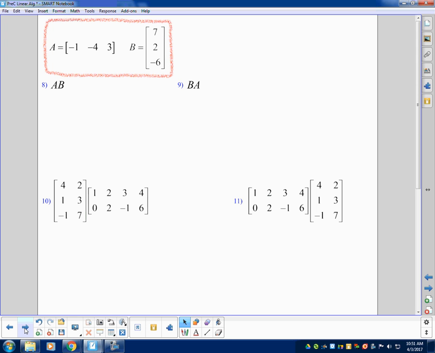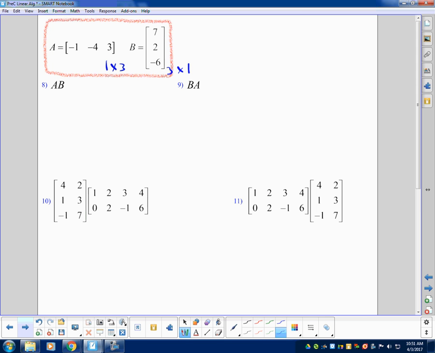All right. Given that A equals, by the way, what's the dimension? What's the order of this one, or dimensions of this? How many rows? How many columns? This is 1 by 3. And this is 3 by 1. Okay.